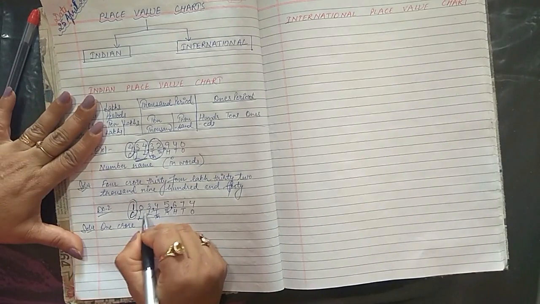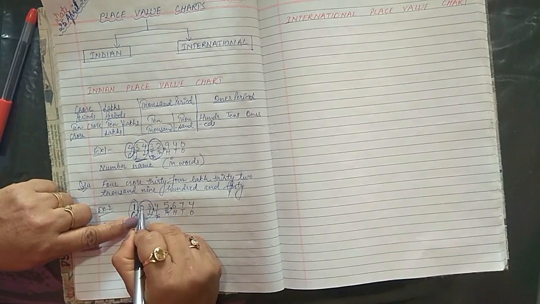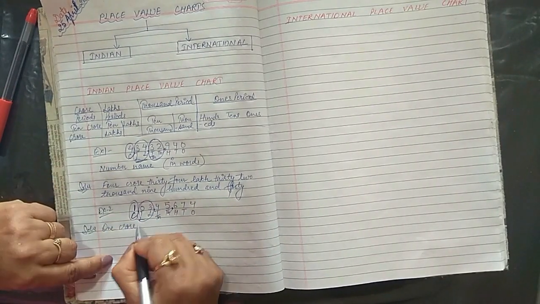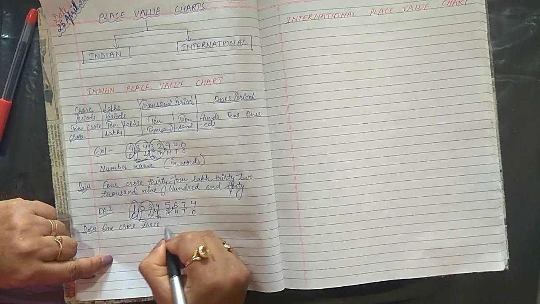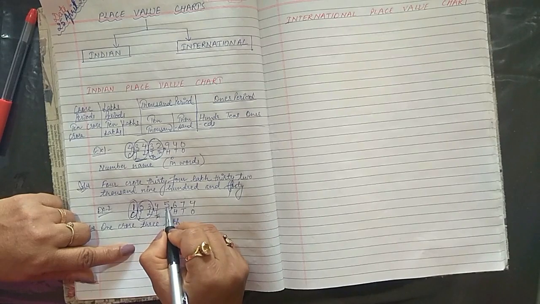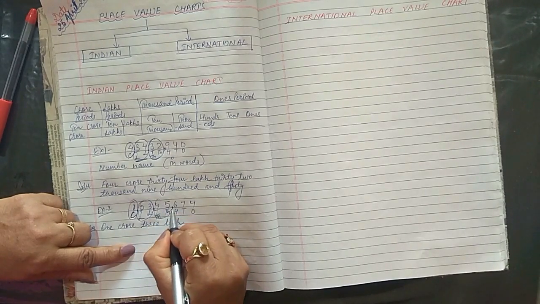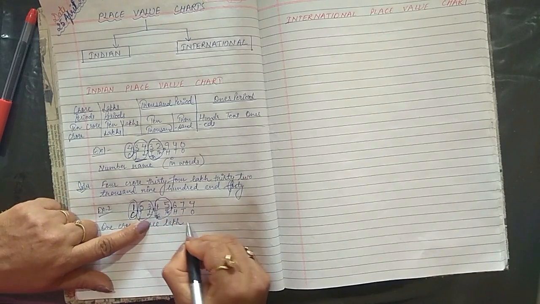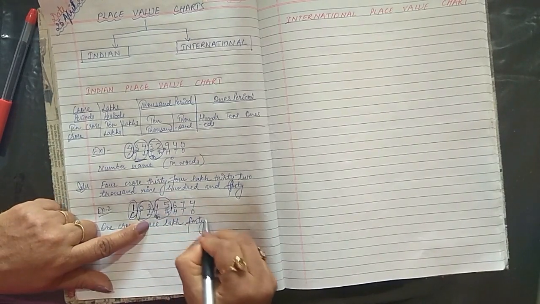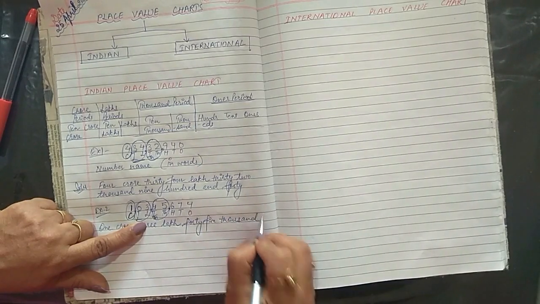Okay. So both the numbers are given in the lakh column. So we are going to read it together. This is only 3 lakhs. Now come to the next one. This is 5,000 and 4 10,000. We are going to read it together. 4 and 5 together makes 45,000.